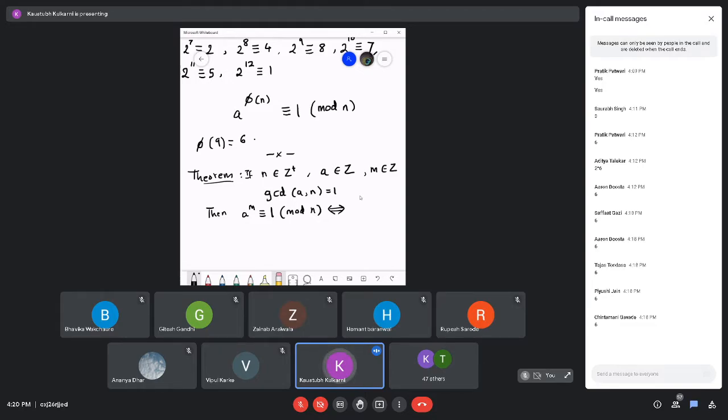So a raised to m is congruent to 1 mod n is equivalent to saying the order of a mod n divides m.